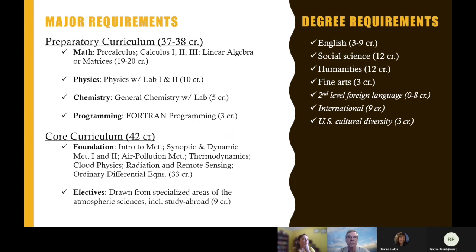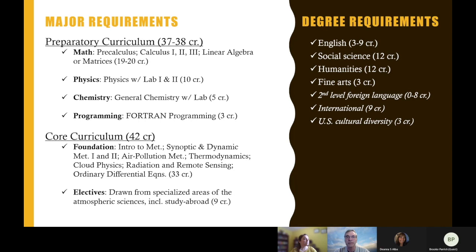So there's that core, that foundation, the preparatory curriculum, and then there's the core curriculum that takes you through the specifics of our programs, as well as a number of electives that allow you to move out into different areas that you might be interested in. For example, this semester, I'm teaching a class called Mesoscale Circulations, which is mostly about thunderstorms and the dynamics of thunderstorms.